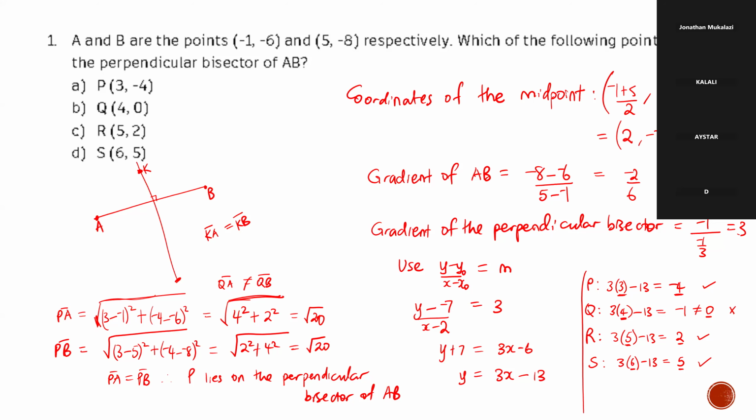Where did the -7 come from? We're looking at this point here. The -7 is the average of -6 and -8. Hope that makes sense.